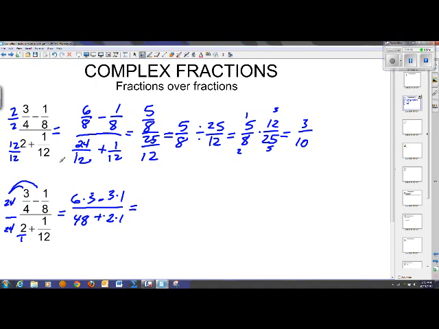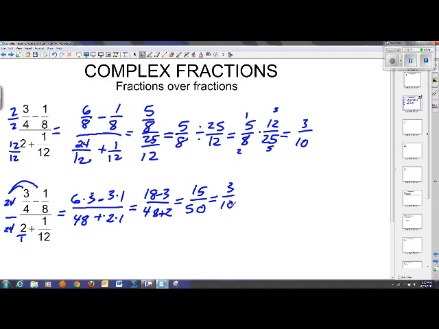Effectively, I've gotten rid of all my denominators in the numerator and all my denominators in the denominator. So thus, I have a fraction left, that fraction being 18 minus 3 over 48 plus 2. This leaves me with 15 over 50, which, what do you know, reduces to 3/10.